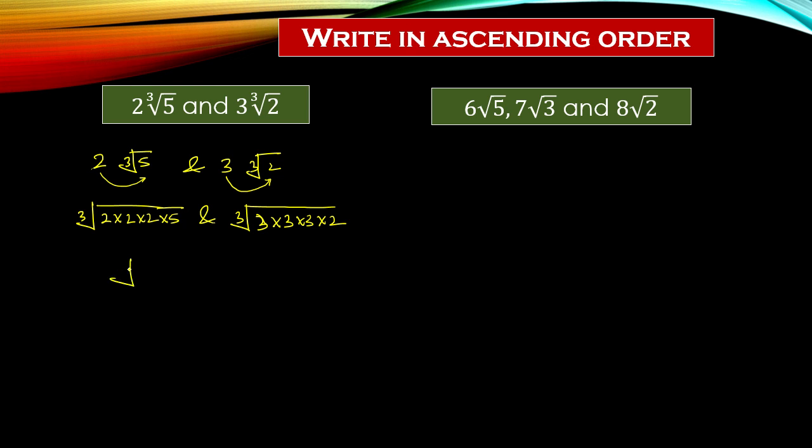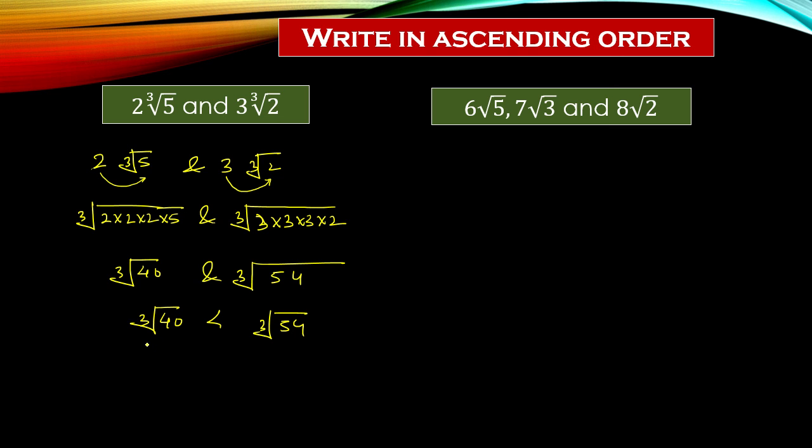This is the cubic root of 40. Now for the second number, this is the cubic root of 27 into 2, that is 54. As the roots are the same, but 54 is the greater number, we can say that the cubic root of 54 is greater and the cubic root of 40 is smaller. So the cubic root of 40 is less than the cubic root of 54.